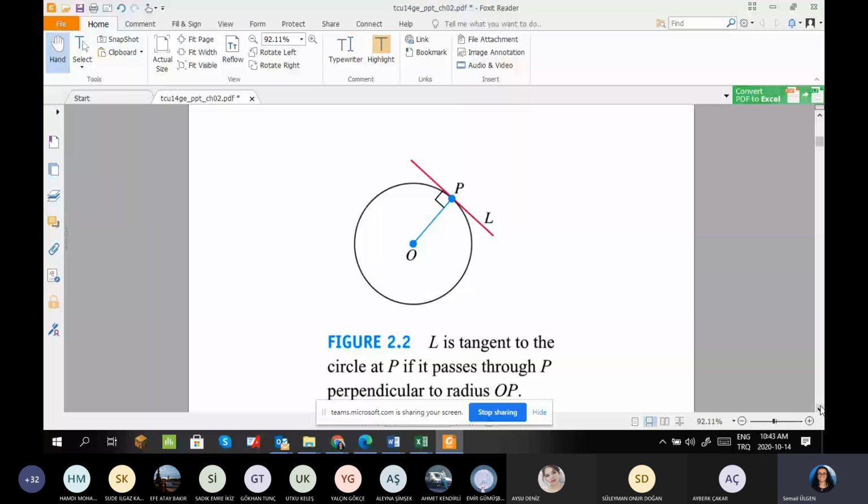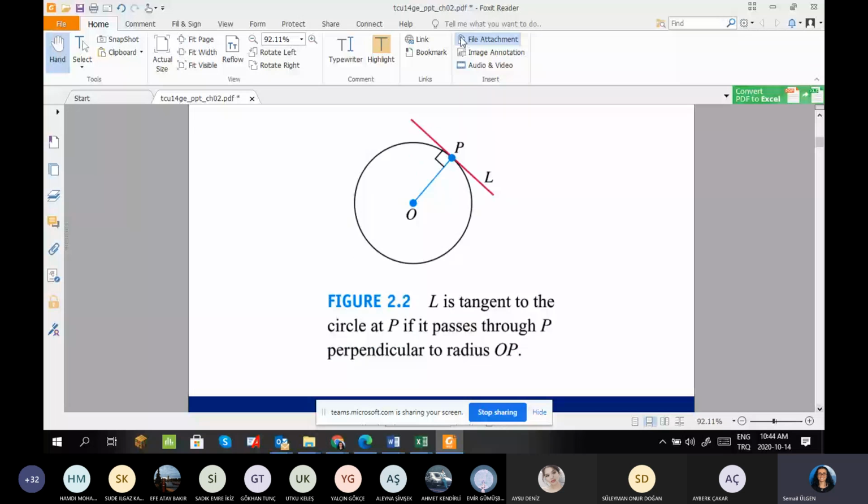Let's consider a circle with the origin O and the radius R; we don't care as much about the radius here. Then consider a line that passes through the point P and is perpendicular to the radius OP.